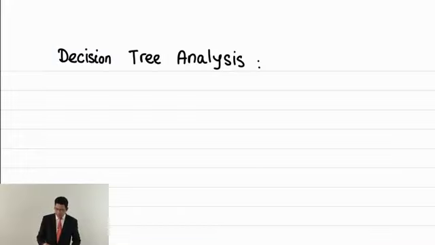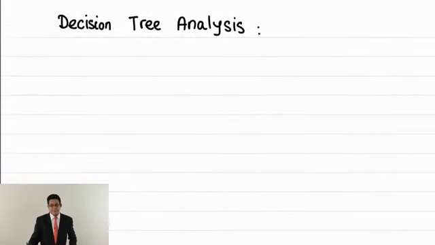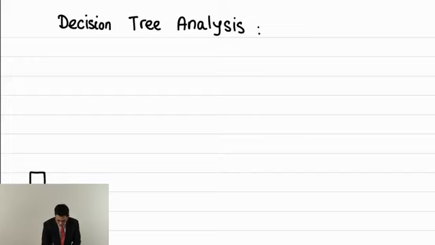So here is the starting point of this decision tree, which is a square, a decision point: develop or not to develop.